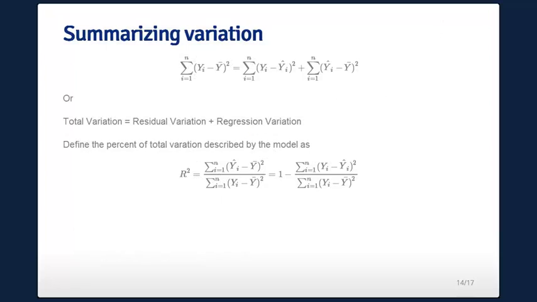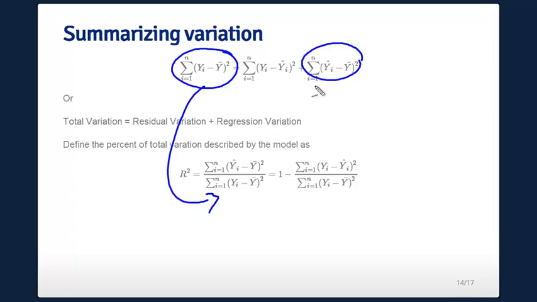And so what we could do is take this guy as the denominator and put it down there, and put this guy as the numerator. Because this guy is a bunch of squared terms that has to be added to another bunch of squared terms to total up to that guy, we know that this has to be less than that one. So we can describe this number as the percent of the total variation explained by the model variation, not the residual variation.